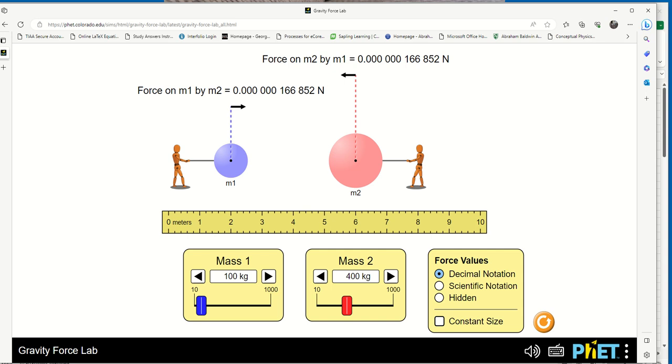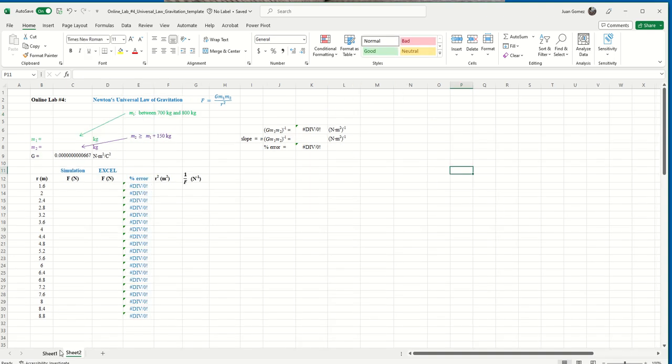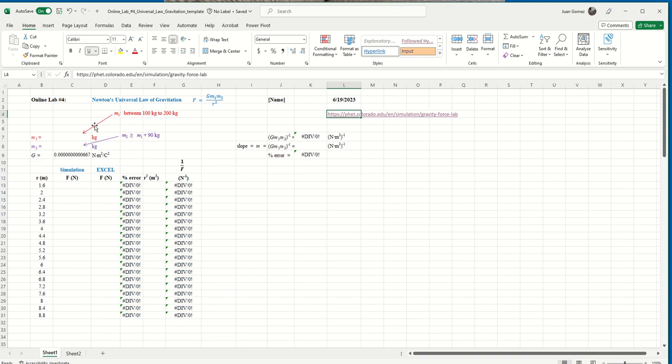So now if you look at the template, you're doing the same thing twice. That's why you have a sheet 1 and a sheet 2. And in sheet 1, for M1, you want it to be anywhere between 100 kilograms to 200 kilograms. And you're going to enter the value right here in C7. Then for M2, you want M2 to be at least 90 kilograms greater than M1.